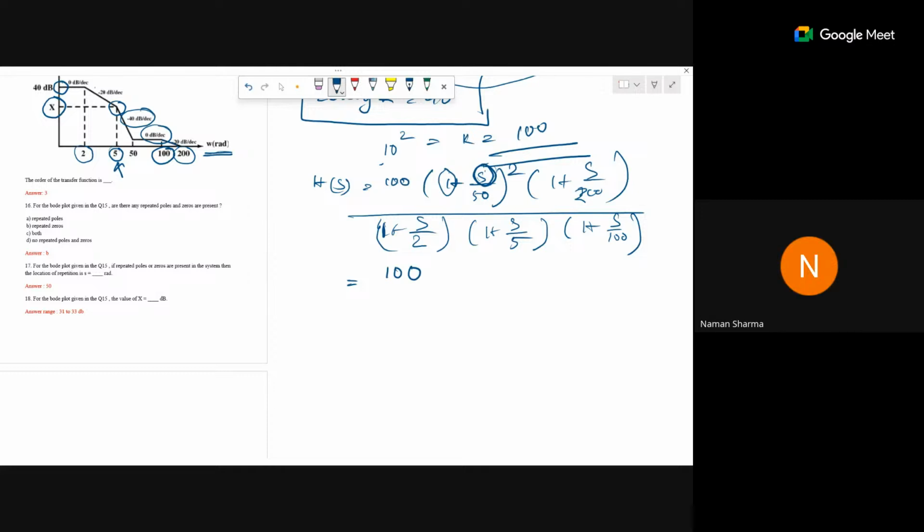Similarly, this 5 by 200 will be much less than 1. So for these parts we can ignore them. I will take only one; the one will be left, and I will simply omit this part. For this I know that it will give me 1. Okay, this much is clear.